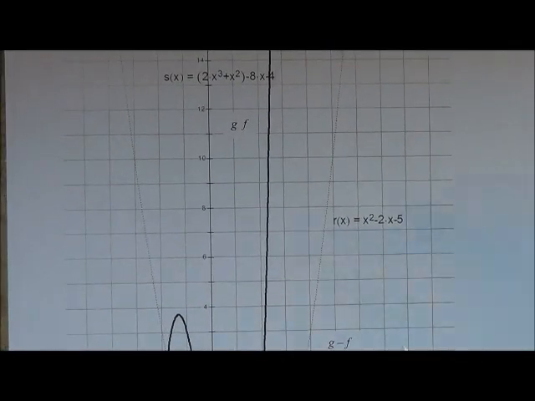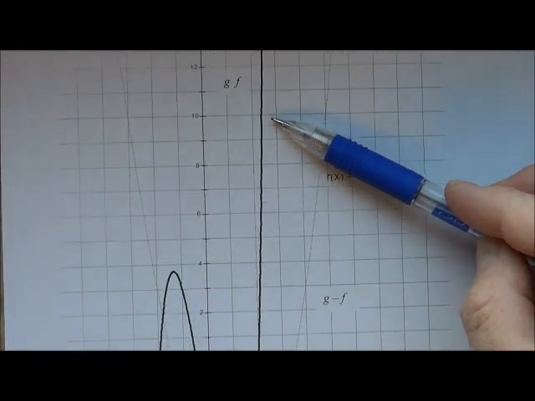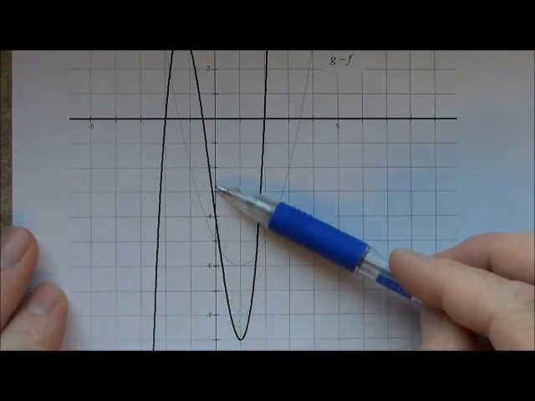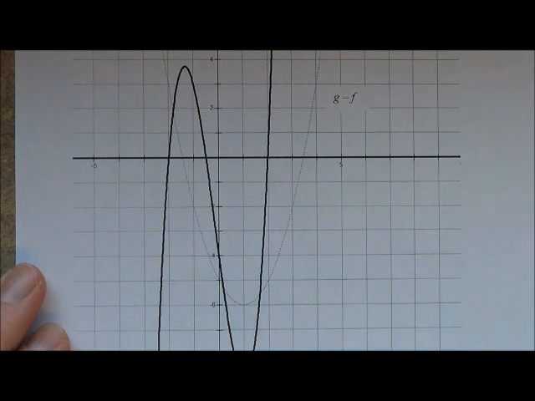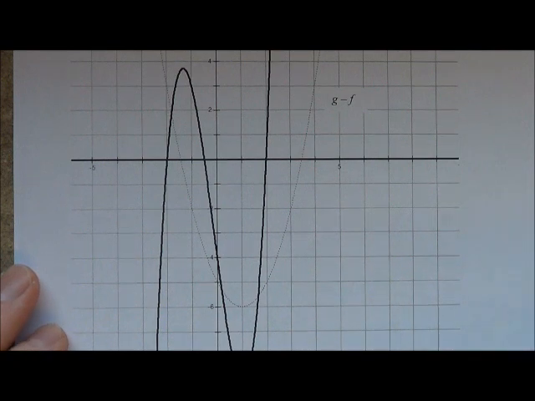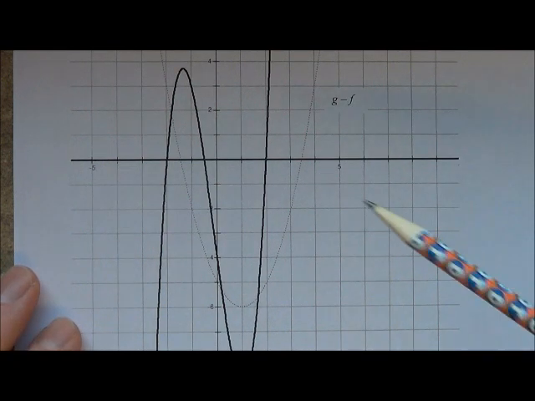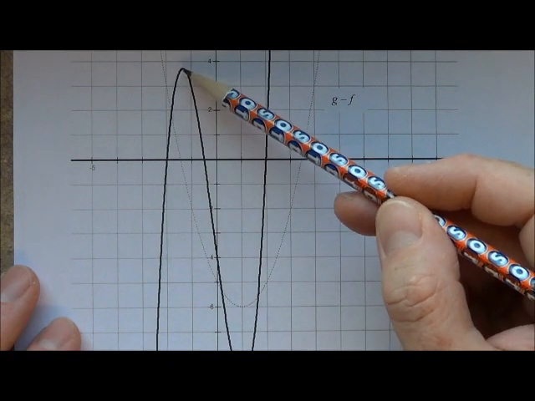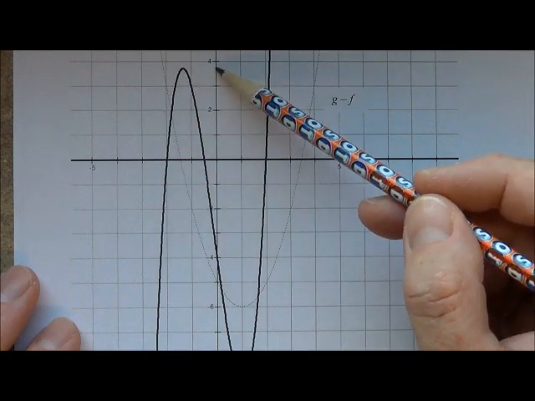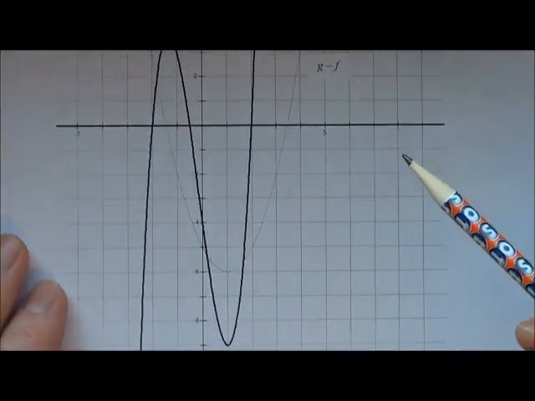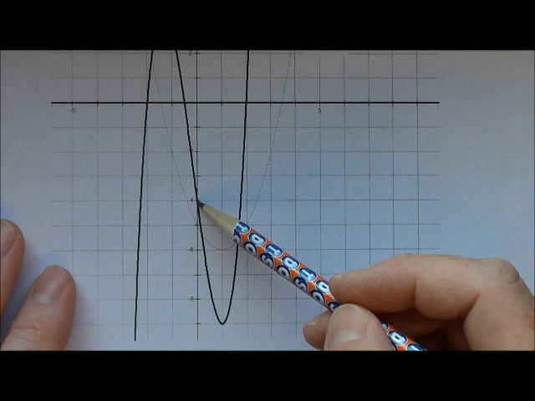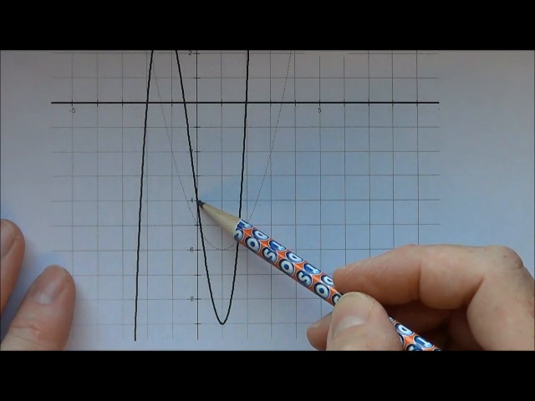So g times f actually ends up being a cubic. You can pick out one of the turning points here at roughly -1.5 and, say, 3 3/4, more or less. This turning point here is at 1 and -9, and the y-intercept is at 0, -4.